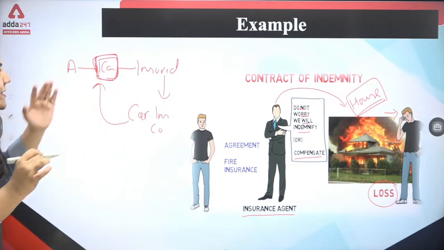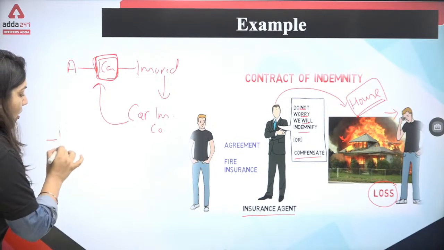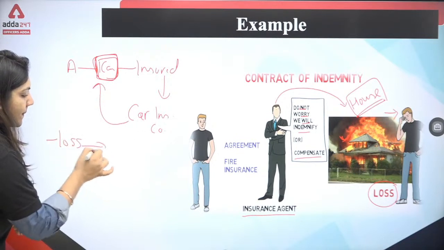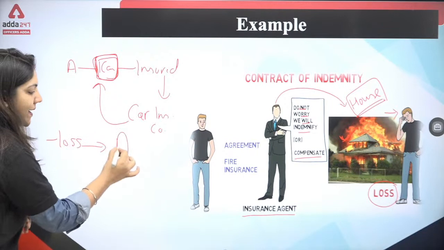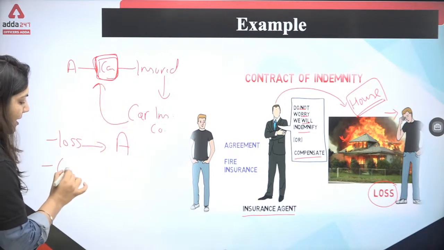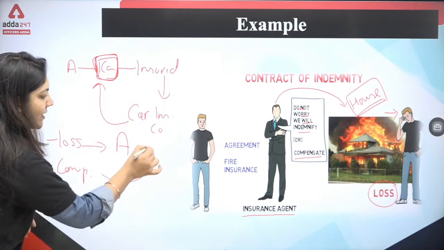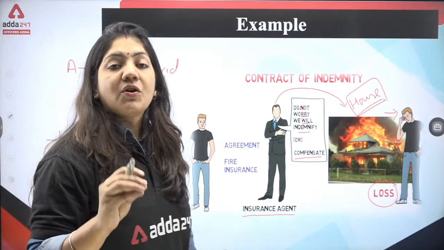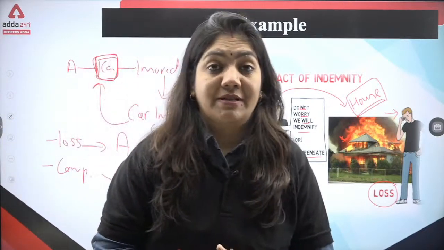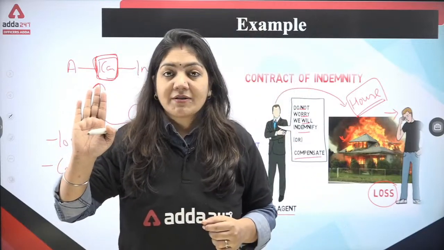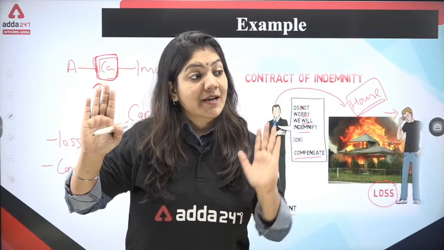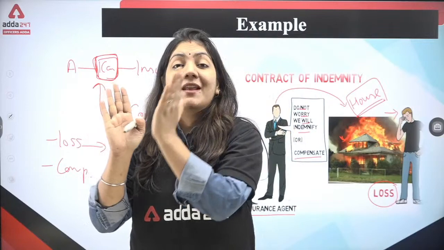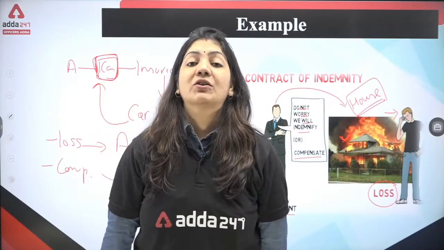So you can see in the example that the loss is done by a person, but the compensation will be paid by the car insurance company. That is exactly the definition of contract of indemnity. The loss is done by one person, the compensation is paid by another person. That is called contract of indemnity.